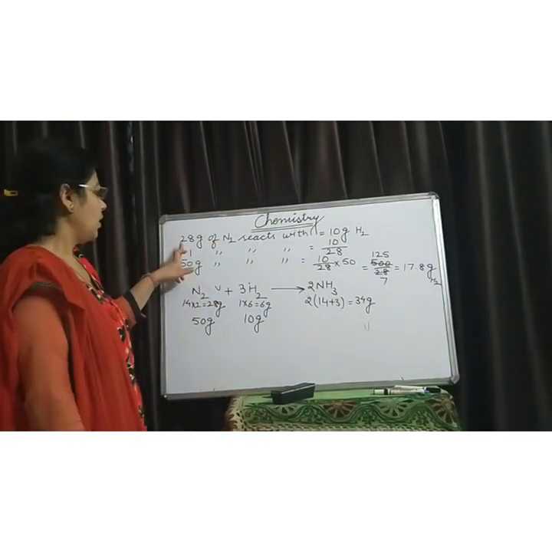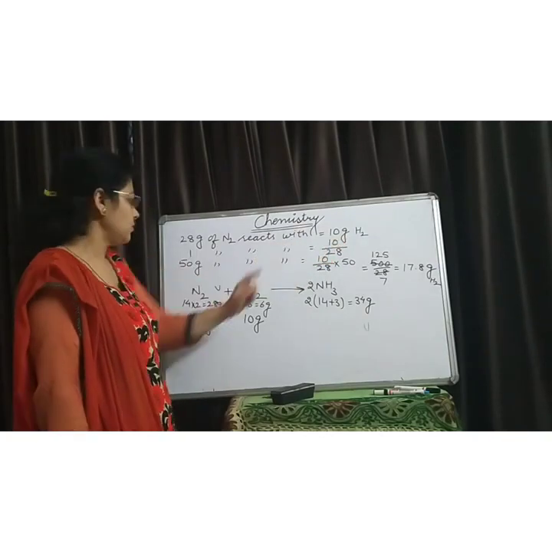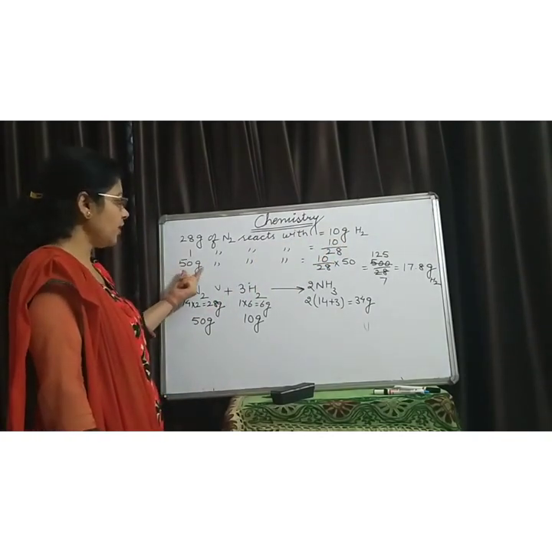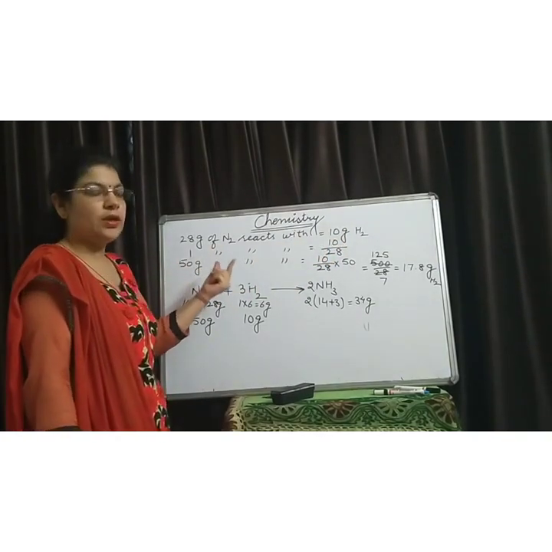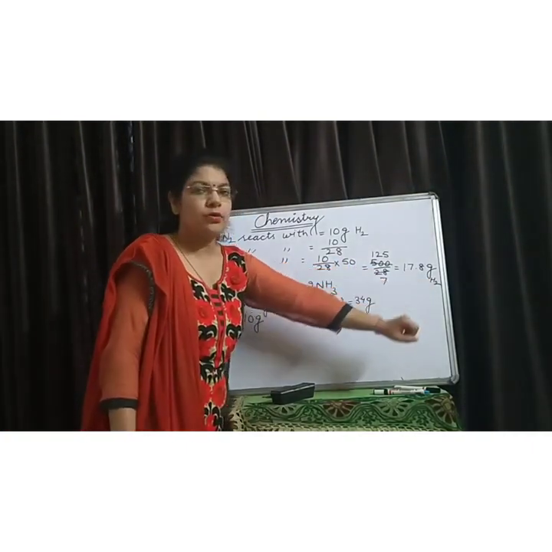This means for 50 grams of nitrogen we need 17.8 grams of hydrogen.